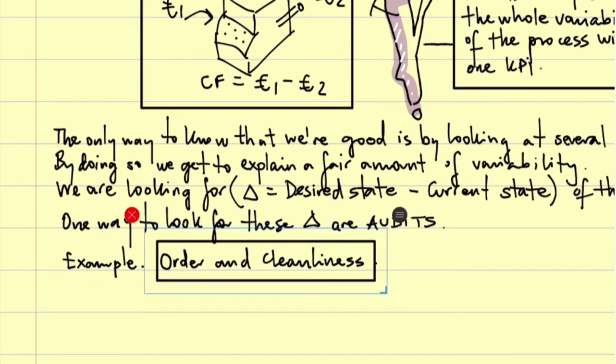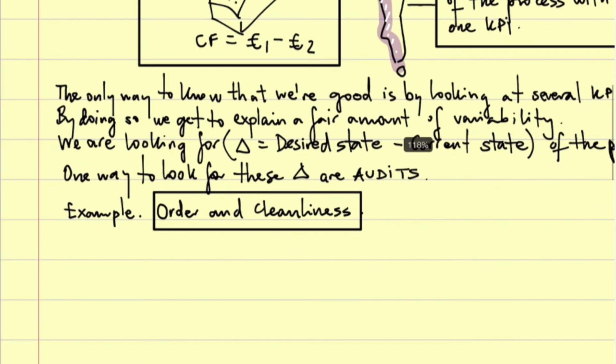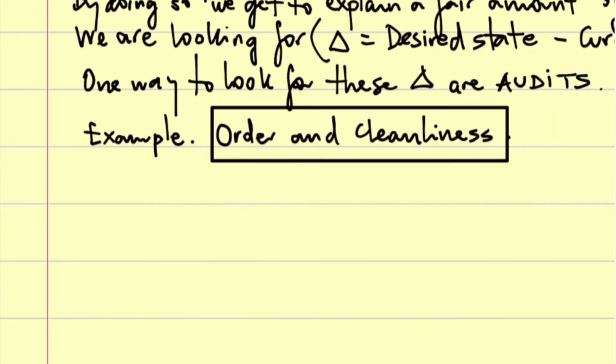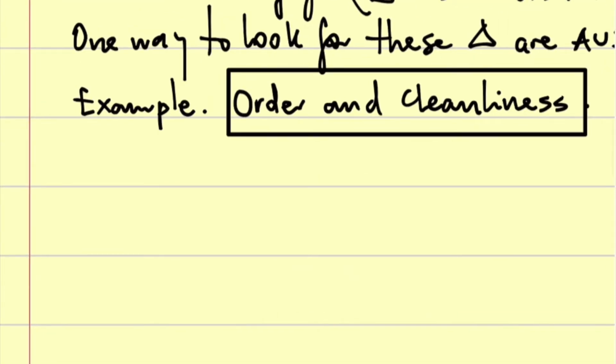Okay, but this is just an example. Many audits happen the same way. So there is a process for the audit. That usually happens like this. Okay.